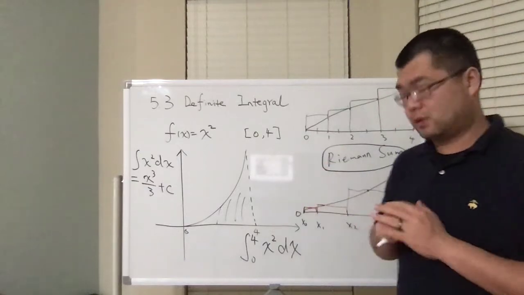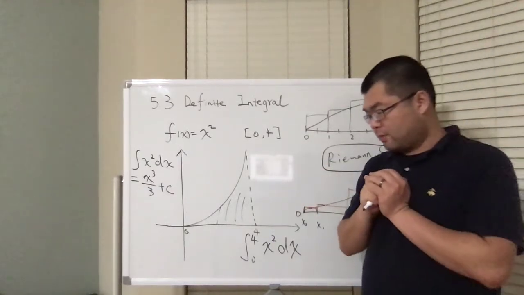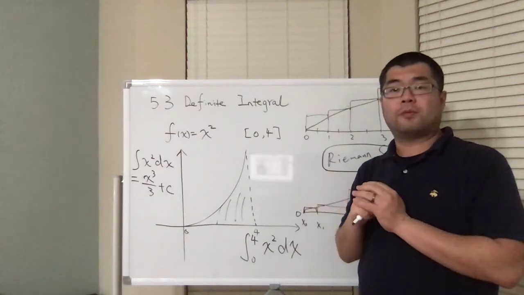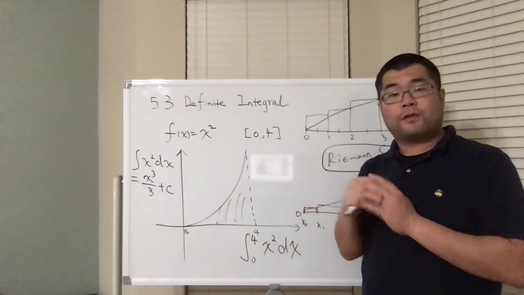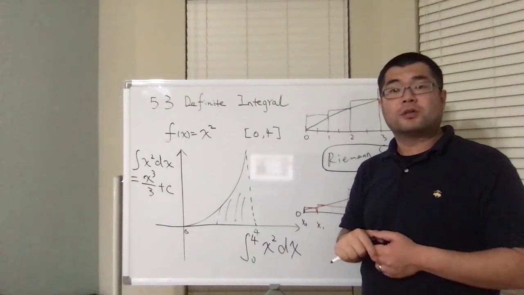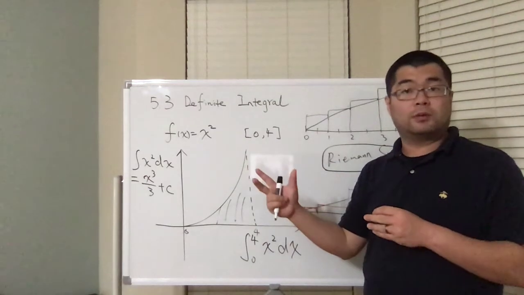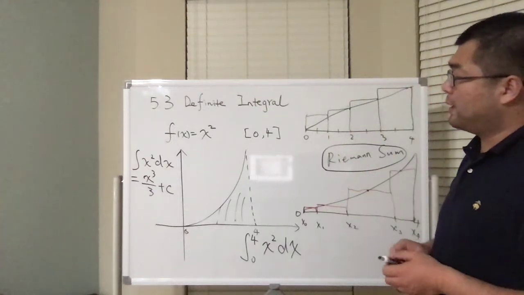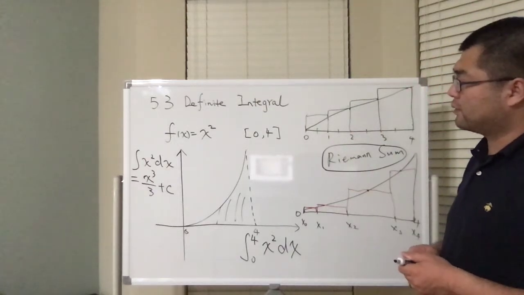In our class, 90% of the problems you handle will have a function that is continuous already, so they are going to be integrable. So that's the big picture about 5.3.